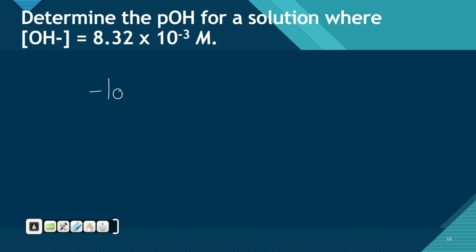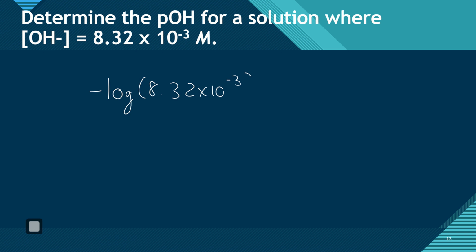So this would be negative log of 8.32 times 10 to the negative third. I'm getting 2.08, no units, less than 7, this is base.